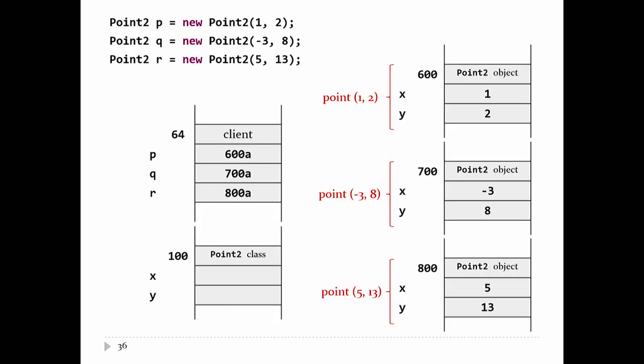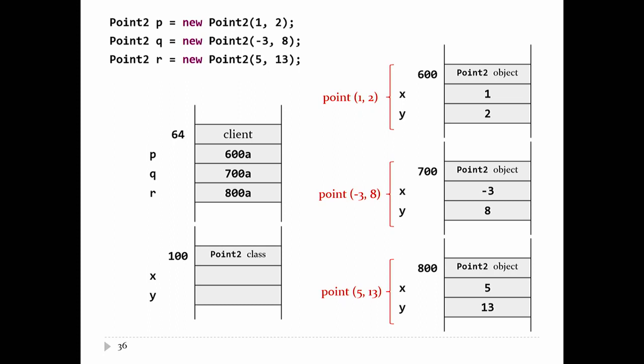So there's a little memory diagram of a bunch of points. P is a reference to a new Point2 object whose coordinates are 1, 2. When you use new and a constructor to make an object, that object lives somewhere in memory. So that object is right there.